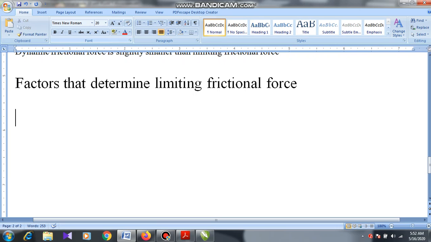If you can't move it by applying a force, you have to apply more force, and only then it moves. That means you can decide, okay, this one has a higher limiting frictional force. So limiting frictional force is the most important type of frictional force that should be considered if you plan to move an object.